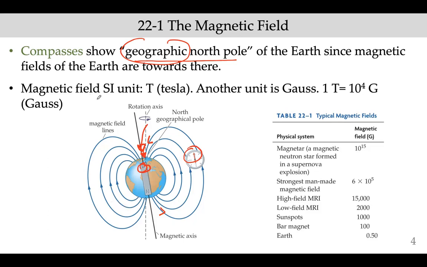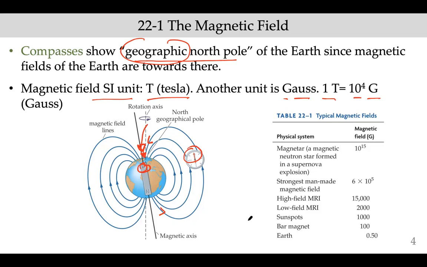The SI unit of magnetic field is the Tesla. There's another unit called Gauss, and the relationship between them is 1 Tesla equals 10 to the 4th Gauss. And here you can see magnetic fields created by different things.